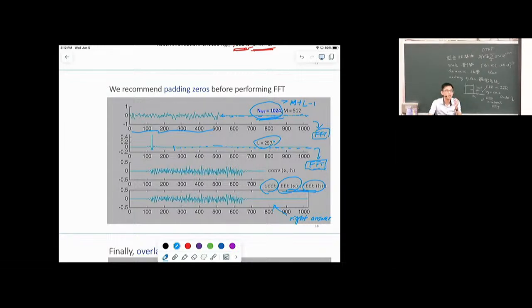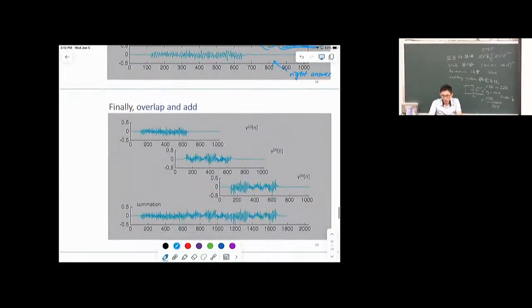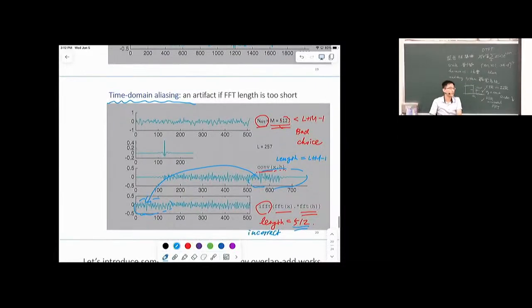So this is a tiny important detail that I want you to know: when we follow that flow of performing filtering in the frequency domain, be certain that we choose the FFT length to be sufficiently long, longer than L plus M minus 1, so as to avoid time domain aliasing.